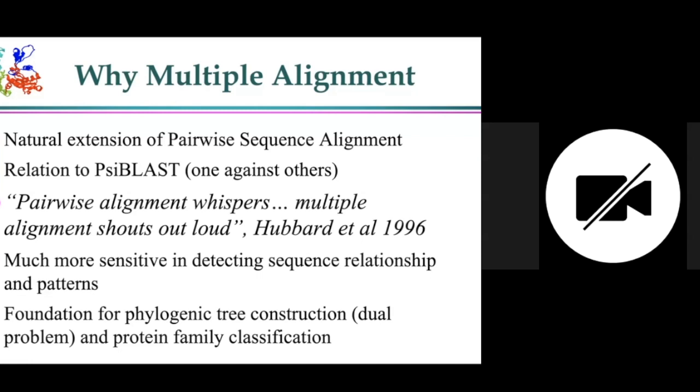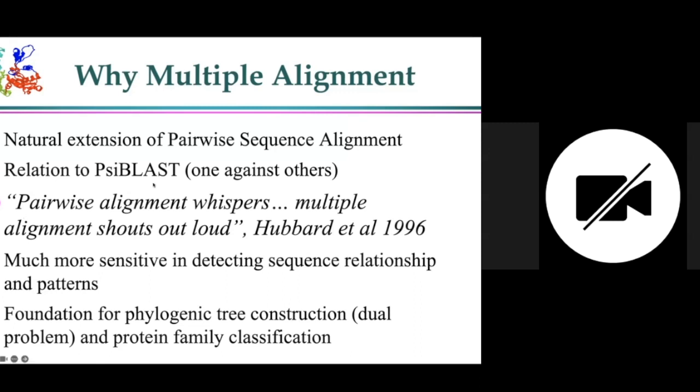That is using one to check others, but the others do not align with each other. So you can get a so-called sequence profile from PSI-BLAST, but you won't be able to get a true multiple sequence alignment. True multiple sequence alignment is extremely powerful.